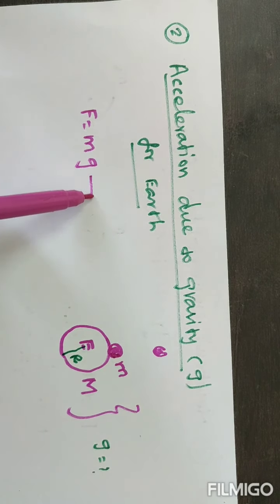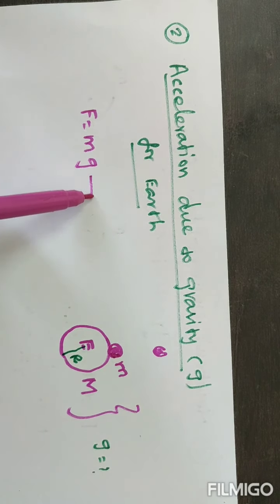Equation number 1 I can write as mg, equation number 2 is G into capital M small m divided by r square. In this derivation, small m will be cancelled. So the remaining term g is equal to capital G into capital M divided by r square. This is an important formula to find the gravity of any planet.